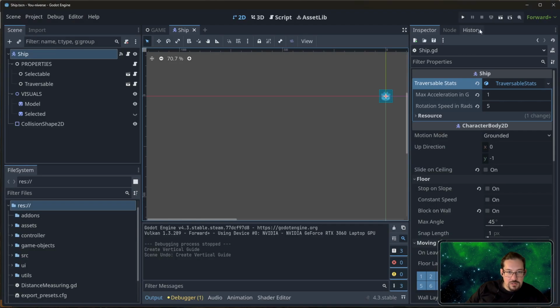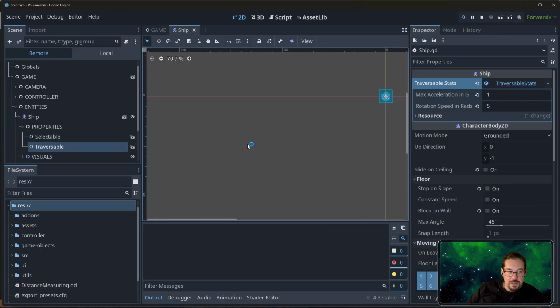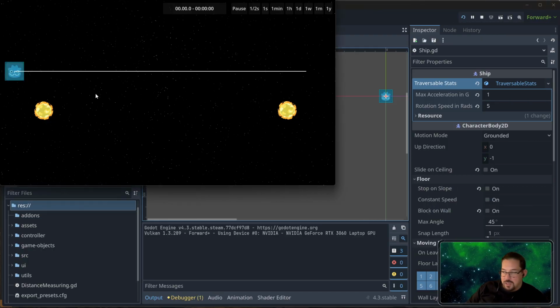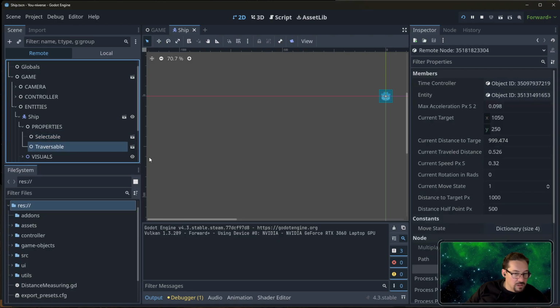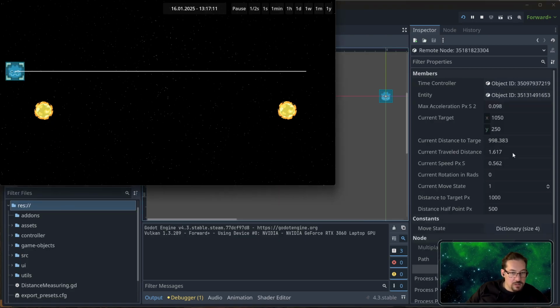So let's say my ship or whatever moves from this star to this star, and it should take 1 year. So when I'm sending it out, and I can make sure it's really moving here, it should take 1 year of real time in seconds to traverse to this point. That's basically what I want to achieve.